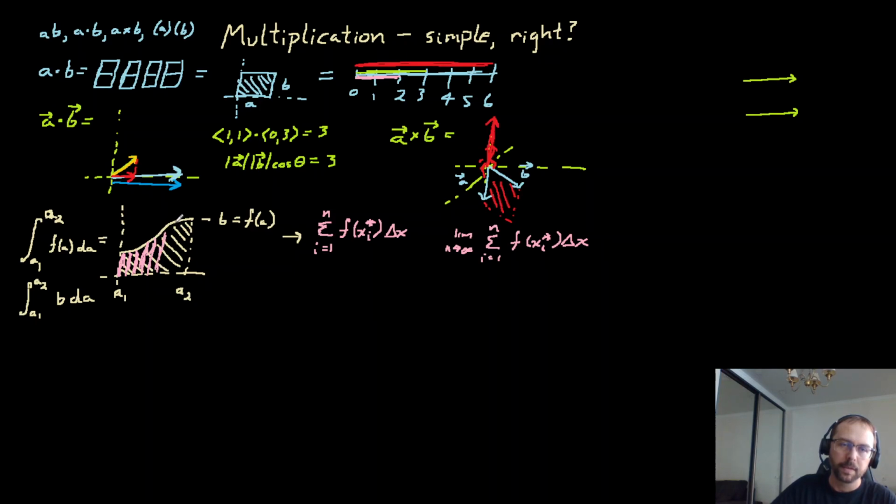So if you have these little slices, delta x, I should have written to keep the naming the same, this would be delta A. So it's the width of the rectangles. And this f of x would be b, or the height of the rectangles. But in this case, they're actually flat. They're actually real rectangles. And you're just multiplying the width times the height. And so that's multiplication to find the area, just like here.